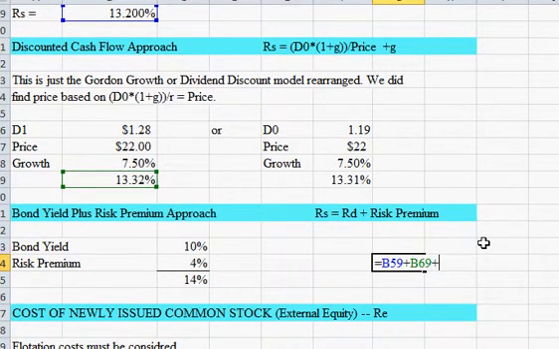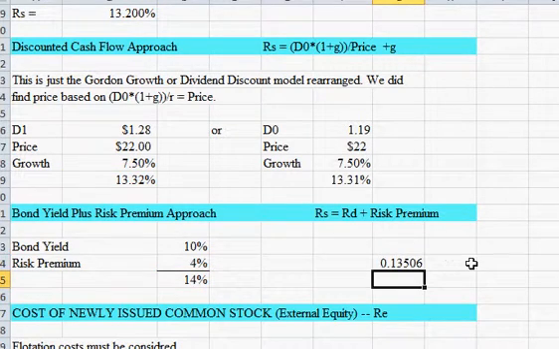Add to that the risk premium model, and then divide those three numbers that have been added together by 3. And then you have the estimate that you would use, and your weighted average cost of capital would be 13.51%.